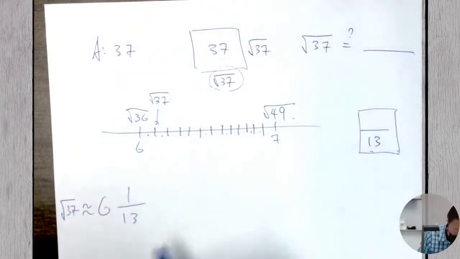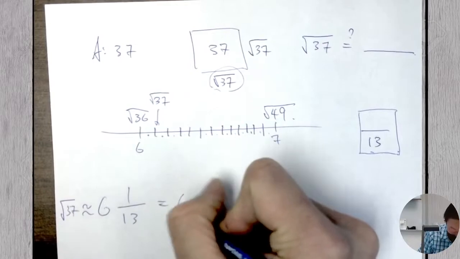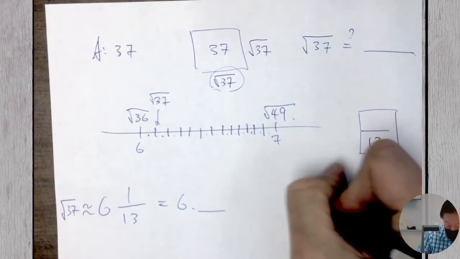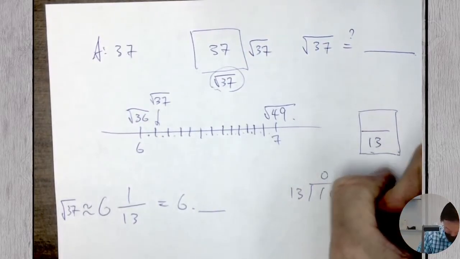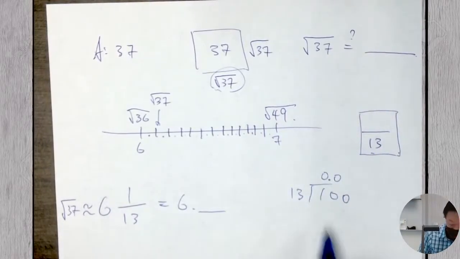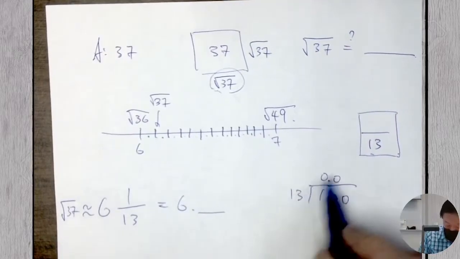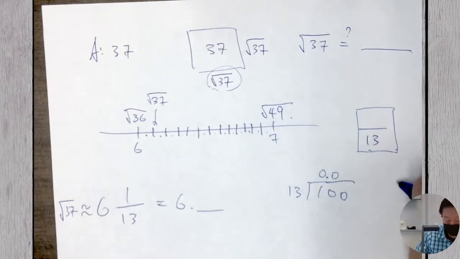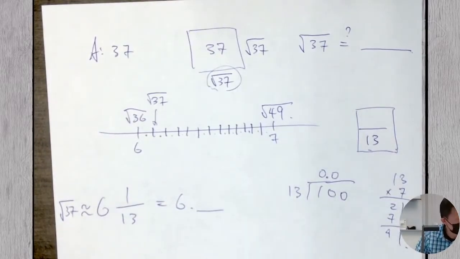So in this case, this would be 6 point something. If I want to figure out the decimal, 1 divided by 13, that doesn't go, so I have to keep going. 100. So 13 going into 100 how many times? Want to take a guess? Maybe 9 times? No, maybe 7 times. Let's try 7. 91, good enough? Yeah.